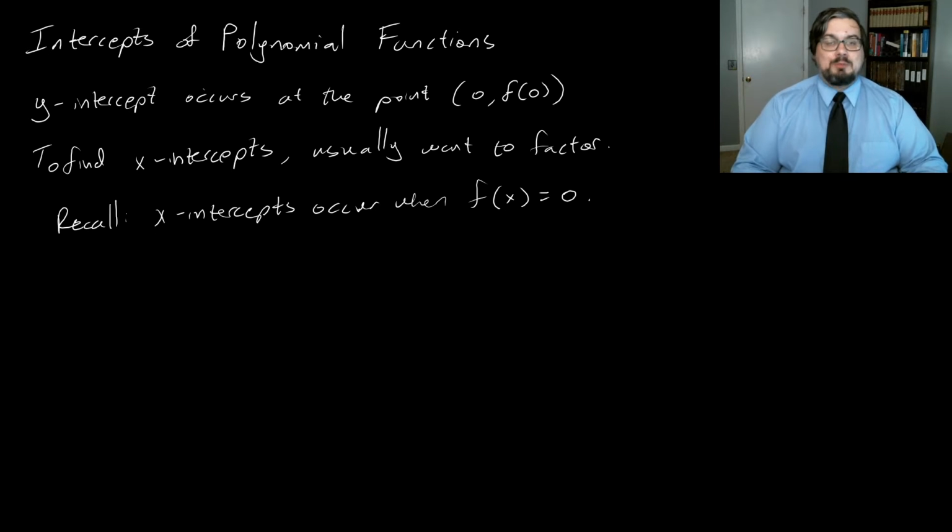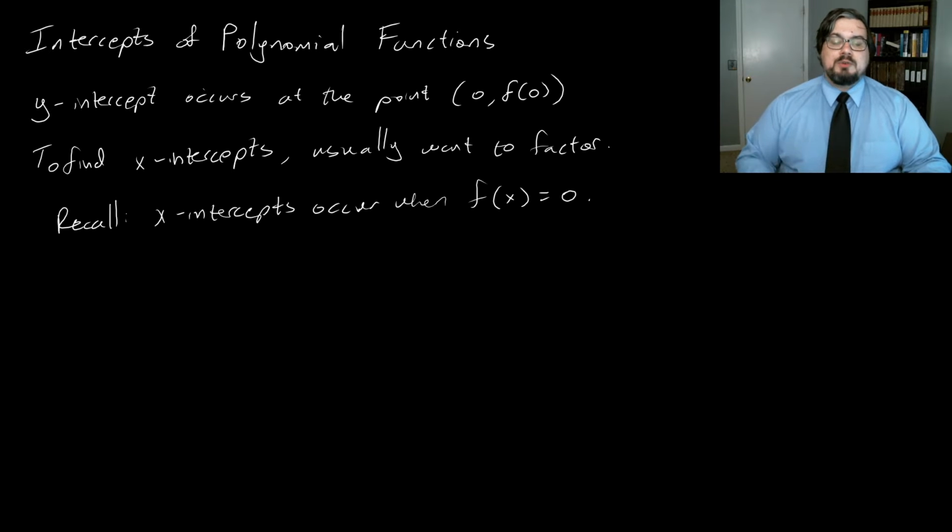That is where the output of the function is 0. So we want to find the x-intercepts that occur when f of x is 0. Now when f is a polynomial function, then f of x is a polynomial, and so solving the equation f of x equals 0 is solving a polynomial equation, which typically involves factoring.